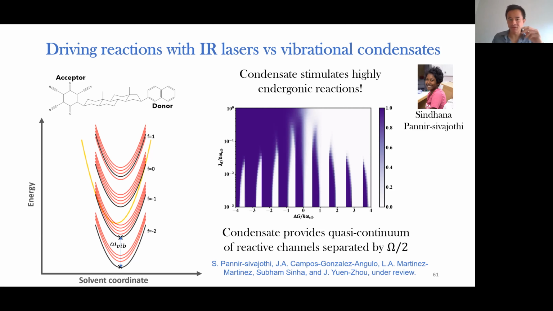If I have 5 lower polaritons, that has energy 5 omega lower polariton. If I have 4 lower polaritons and 1 dark state, you will have the same energy but plus half a Rabi splitting. Okay, sounds right.